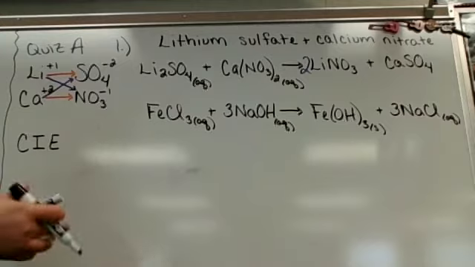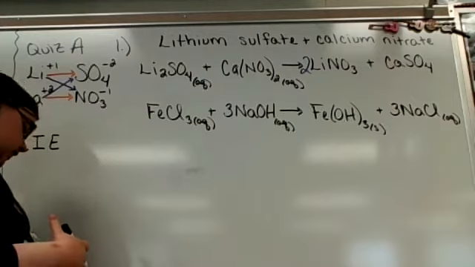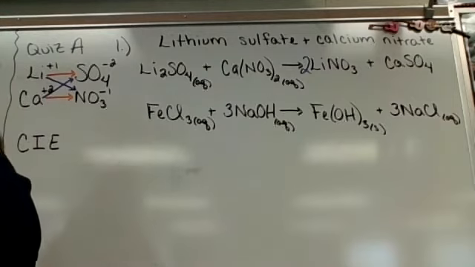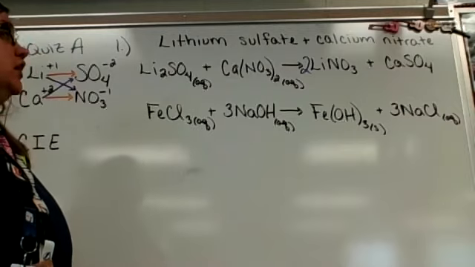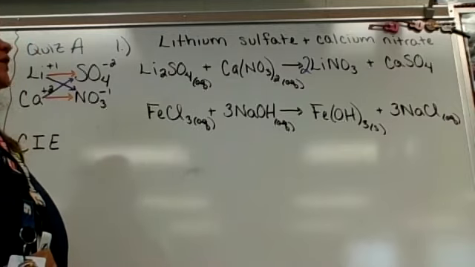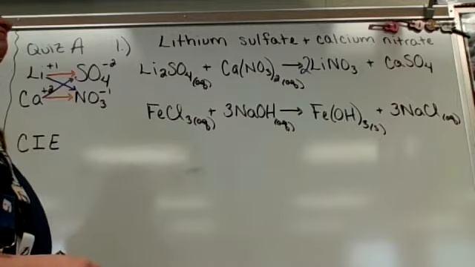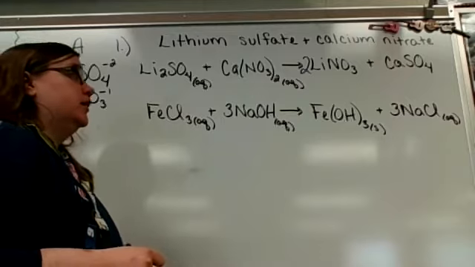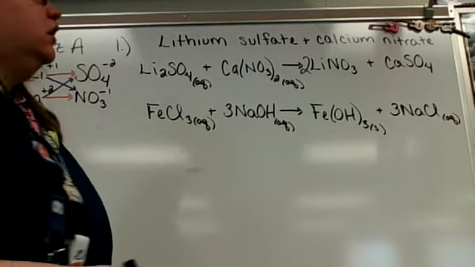Now, using the solubility rules, you look up the anion and see if it is soluble and see if your cation is an exception. If your cation is an exception for your anion being soluble, then it's a solid.